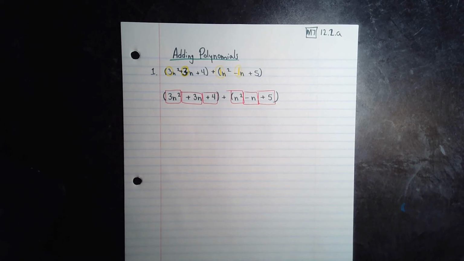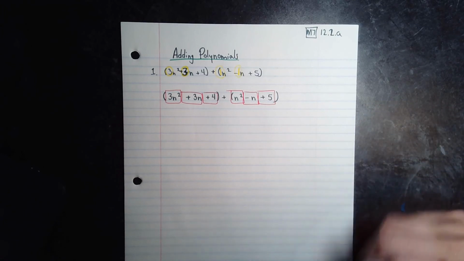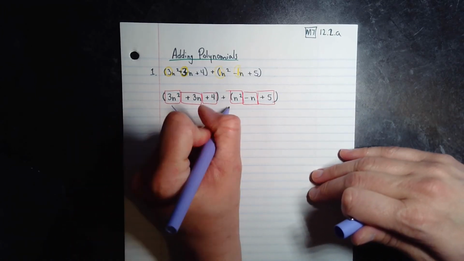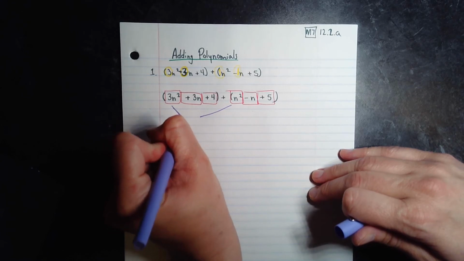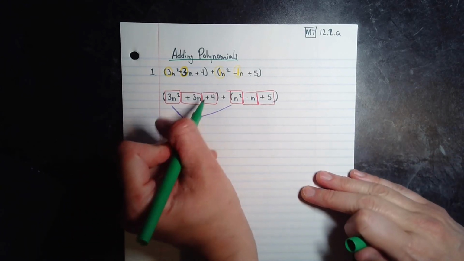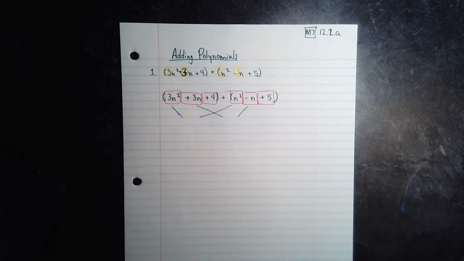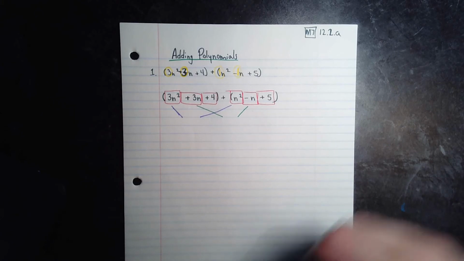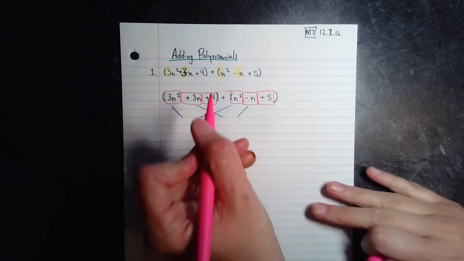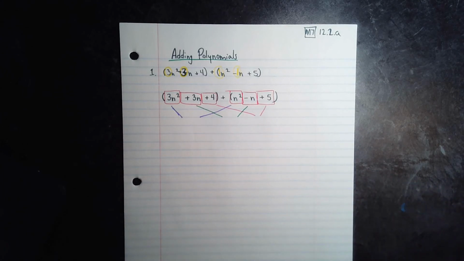We did that in one of the last videos as well. So what we're going to do here is combine the n squareds together, and we're going to combine the n's together. And finally, we're going to combine the constants together. Let me show you what that's going to look like.